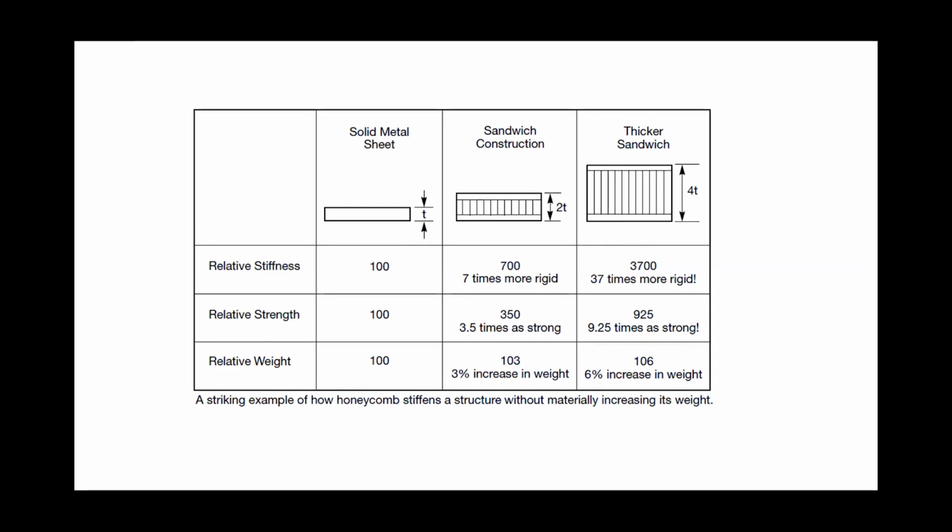Obviously, in aerospace applications, like in many other industries, mass or weight is one of the biggest problems. With this kind of structure, you achieve very great stiffness and strength increase with relatively acceptable weight penalties. This is why we use them, and this is how they generally work.